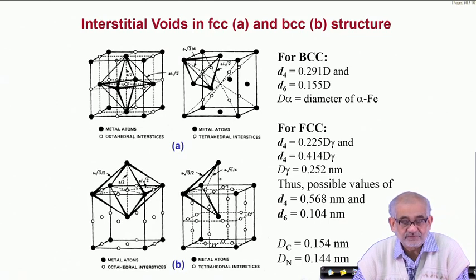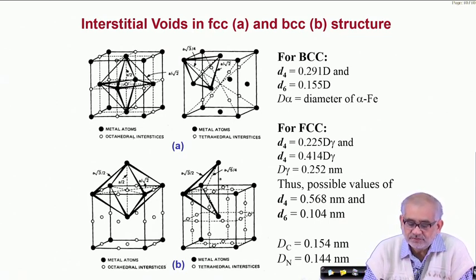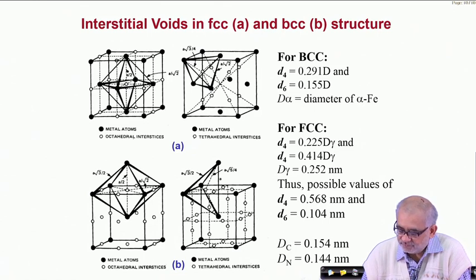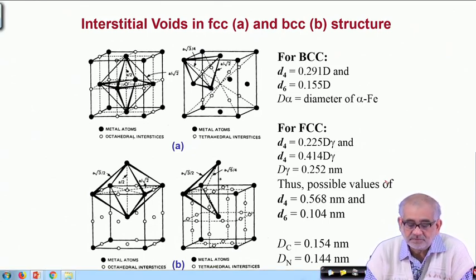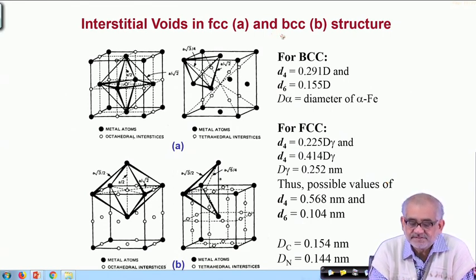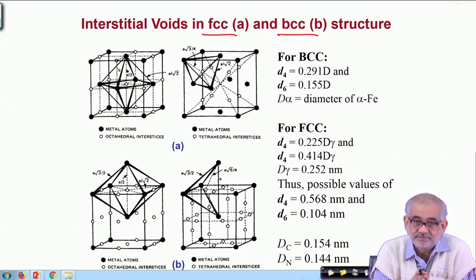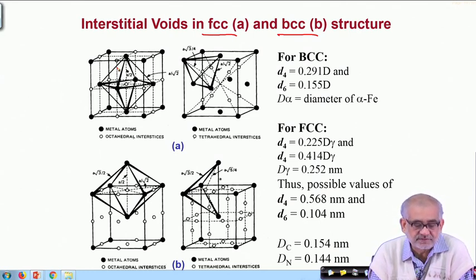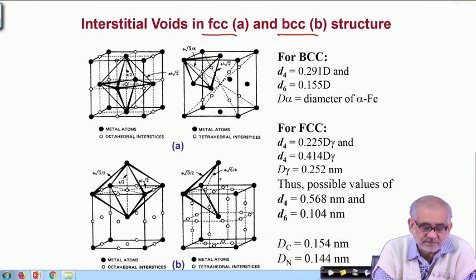This is something which we have discussed earlier, but I thought I would just touch upon it once more. When we talk of various forms, or particularly two major forms of iron, pure iron, namely the BCC at room temperature and FCC at high temperature, in these two varieties the unit cell, which is the smallest building block for any Bravais lattice or crystal structure for that matter, allows us to calculate the typical size of the void.